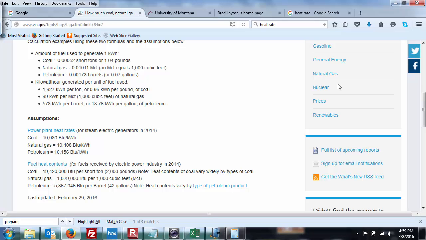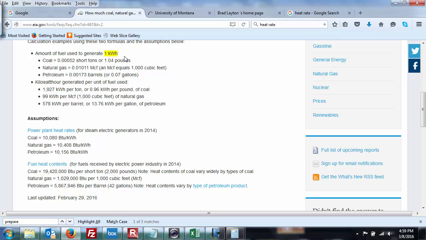Well, I think this is pretty obvious though. If you're going to make a kilowatt hour of electricity, if you're going to run your house for one hour at a kilowatt, which is normal, you're going to need to burn 1 pound of coal.